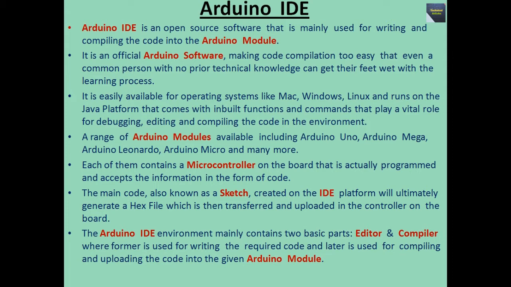Okay, the Arduino IDE environment mainly contains two basic parts. One is your editor and another is your compiler, where the former is used for writing the required code and the latter is used for compiling and uploading the code into the given Arduino module, right?